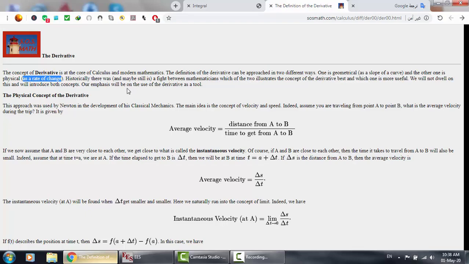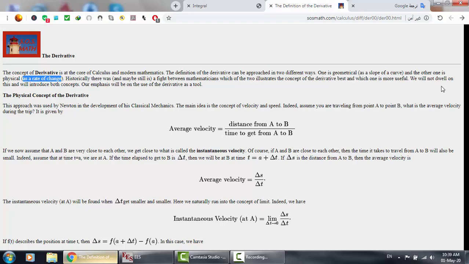So historically, there was, and maybe still is, a fight between mathematicians about which of the two illustrates the concept of the derivative best and which one is more useful.